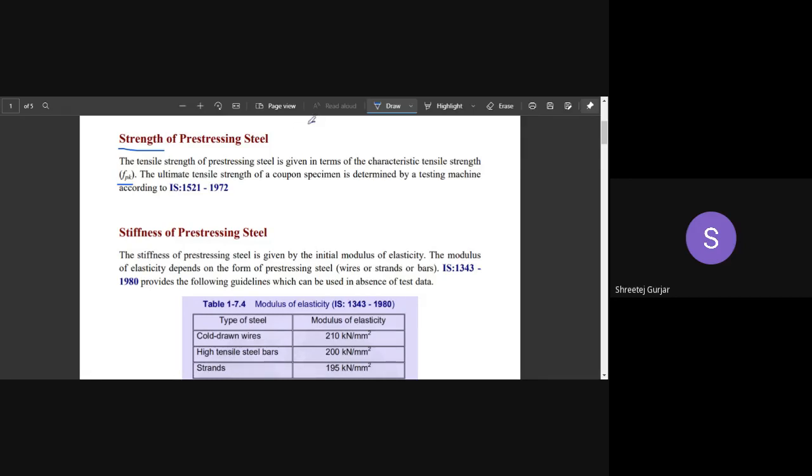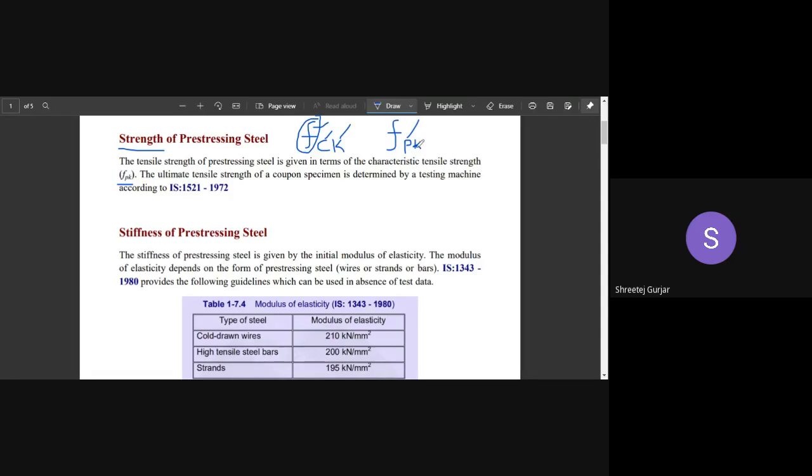So F denotes strength. If it is C, it means concrete, and K is what is meant by characteristic strength. This is your stress, that is Newton per mm square, which we denote as F. Whenever we are dealing with PSC, we have these pre-stressing tendons, and a pre-stressing tendon is denoted by P. K is nothing but your characteristic strength.